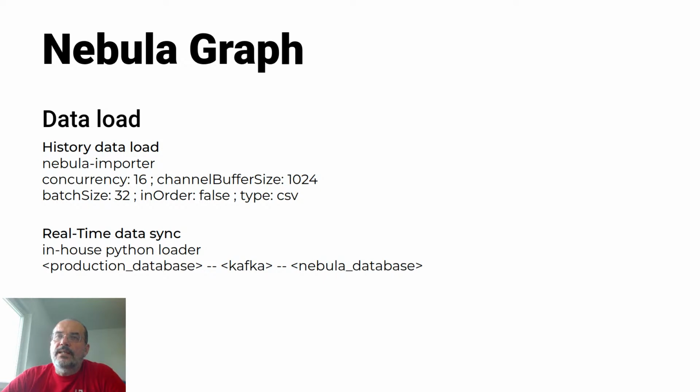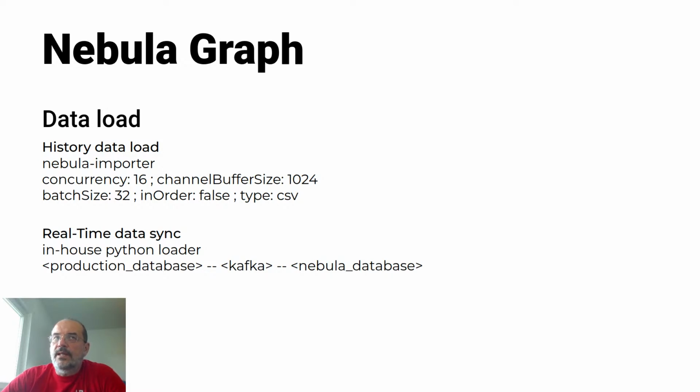For real-time data sync, we use our internally developed Python loaders based on the Nebula Python driver. And we are synchronizing data from production database systems through Kafka streaming, or Kafka queues, and loading that to the Nebula database.